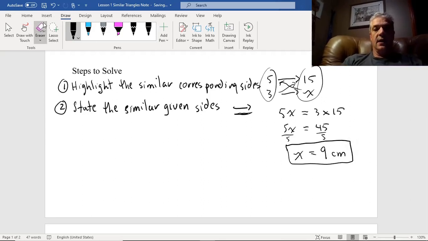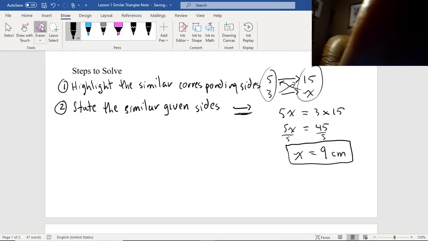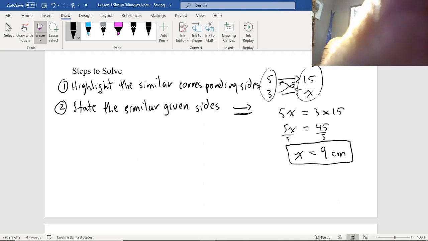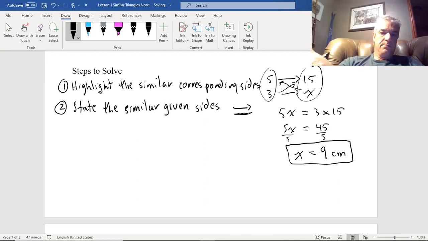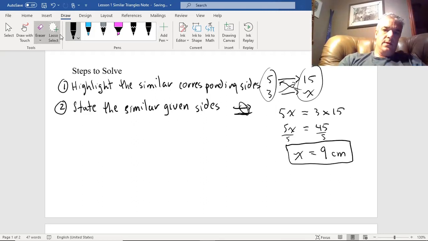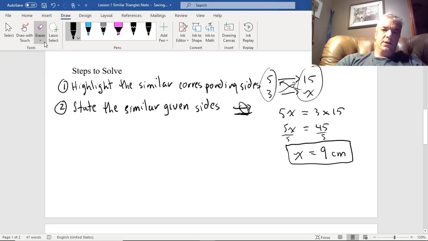Sorry, I'm going to erase that line underneath here if I can get my eraser to work. For some reason, it doesn't want to again. What the computer doesn't like is when I'm touching the screen with my hand in other places. Well, it just does not want to erase.